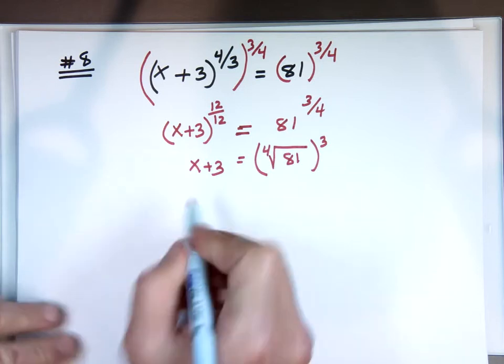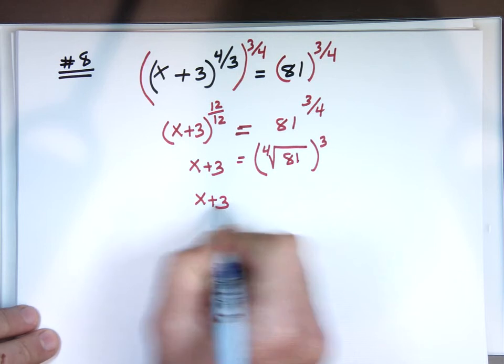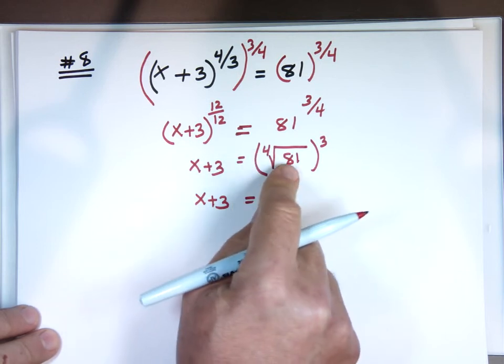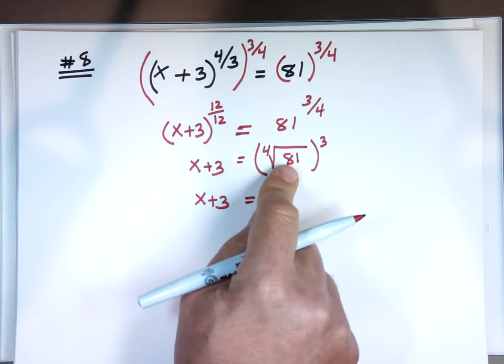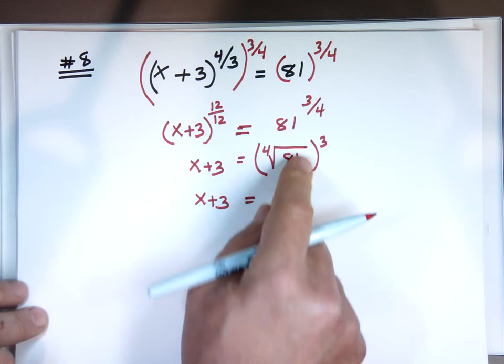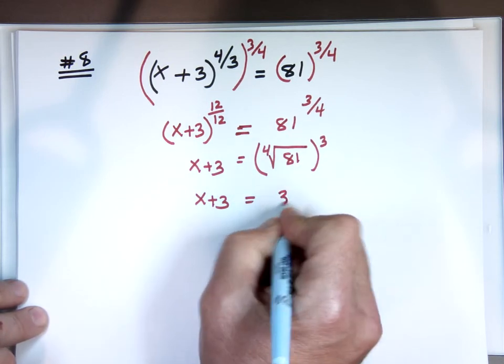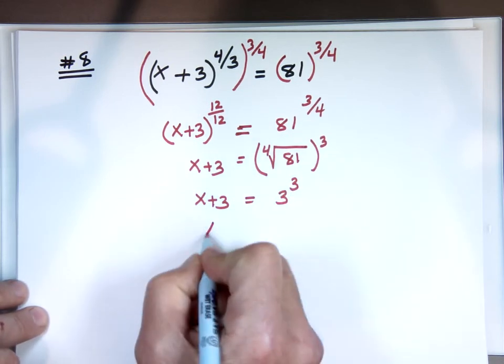So x plus 3, because the 4th root of 81 is 3. What number, if you multiply it by itself 4 times, the answer is 81? 3. 3 times 3 times 3 times 3. So the answer to this 3, raise it to the power of 3, that's 27.